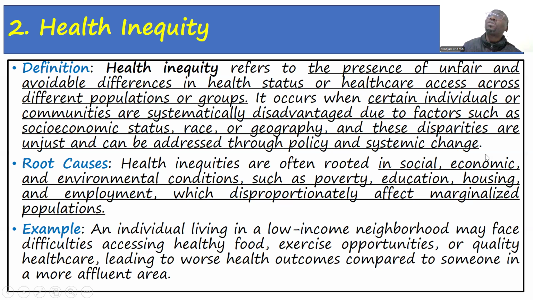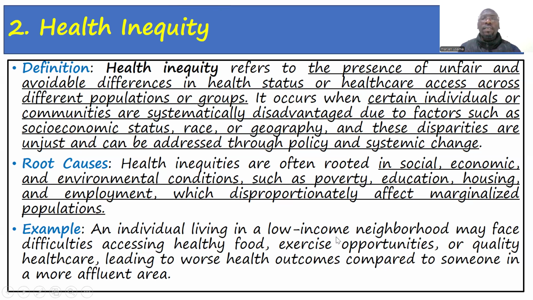So they are very unjust. What we need to do is to always ensure that the government puts in place policies and structures that will reduce the inequity. What are the causes of inequity? Health inequities are often rooted in social, economic, and environmental conditions, such as poverty, lack of education, lack of good housing, and sometimes unemployment, which disproportionately affect marginalized populations.